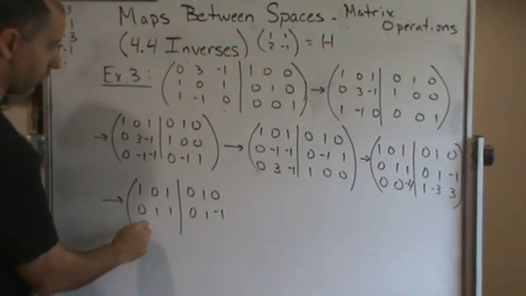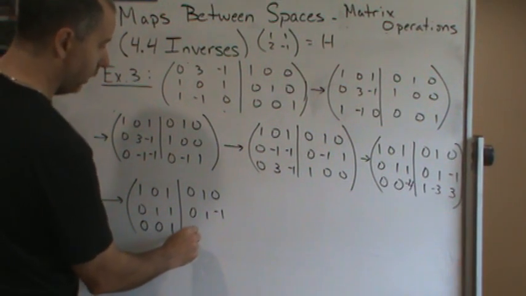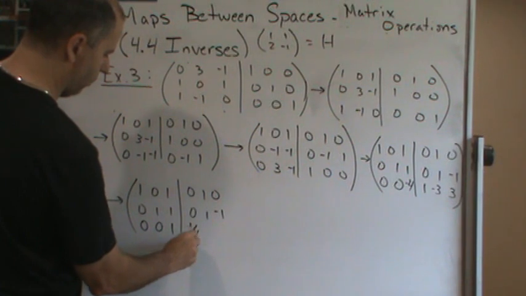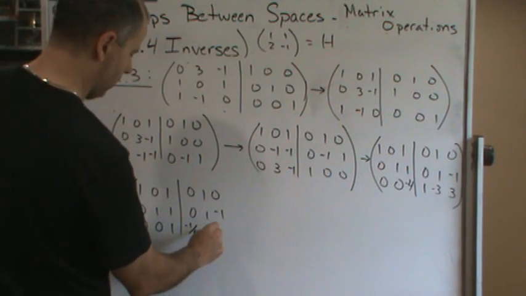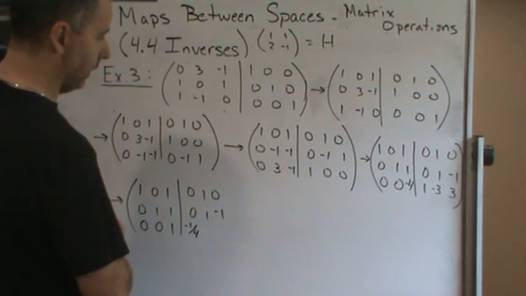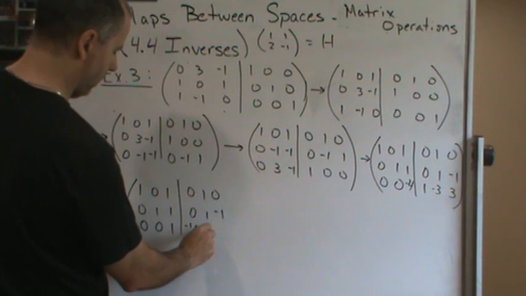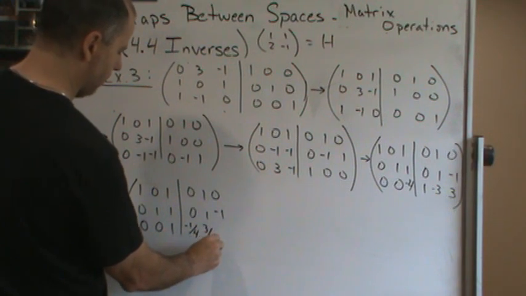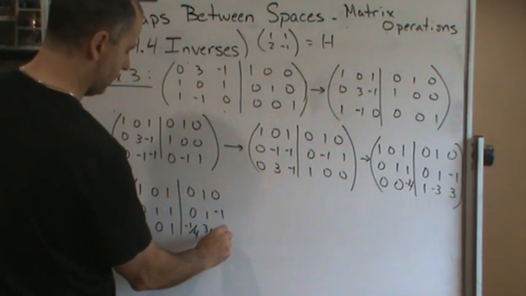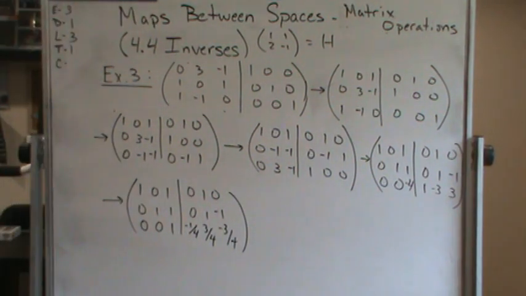Now the third row is going to become 0, 0, 1, negative 1/4, positive, or hold on, let me see, yeah, negative 1/4, positive 3/4, and negative 3/4. Okay, so now we've got some fractions. That's okay, we just have to be able to deal with them.